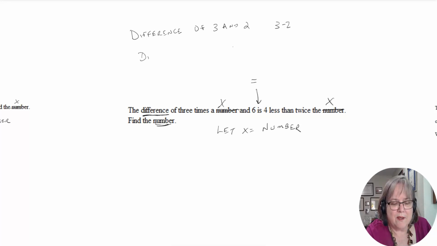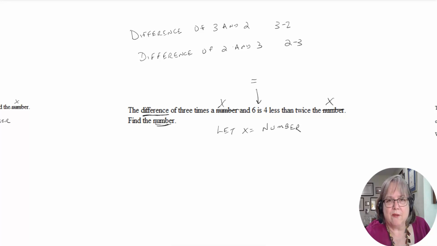If it was the difference of 2 and 3, then it would be 2 minus 3. So when they use the word difference, the order that you're going to write them down in is the order that it's presented to you, right?